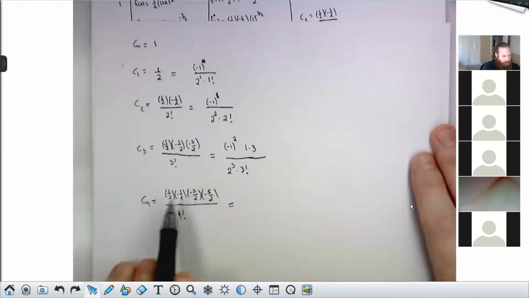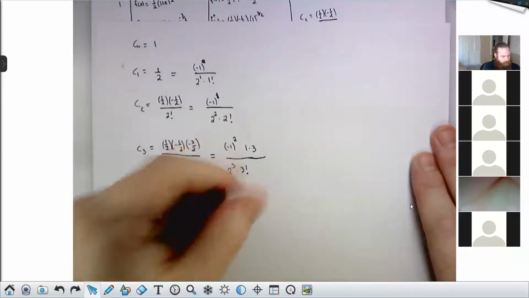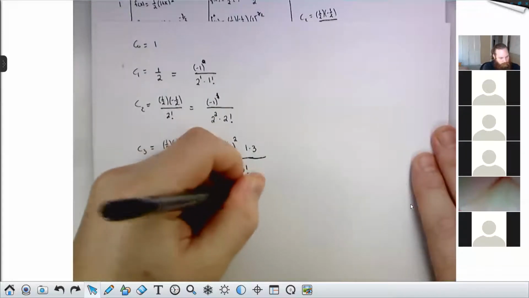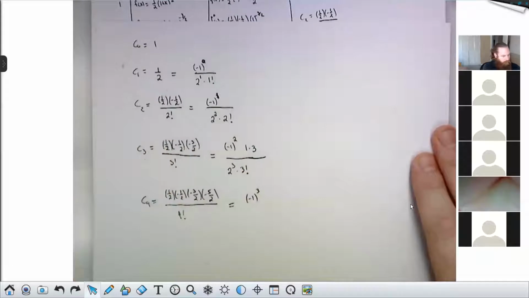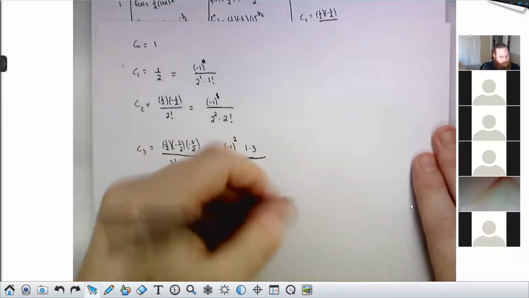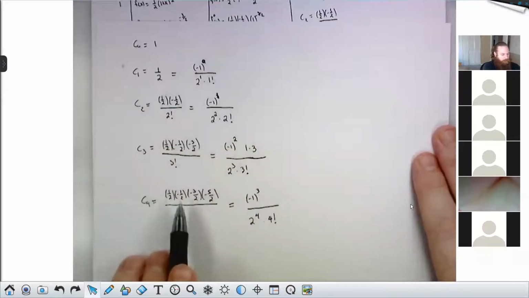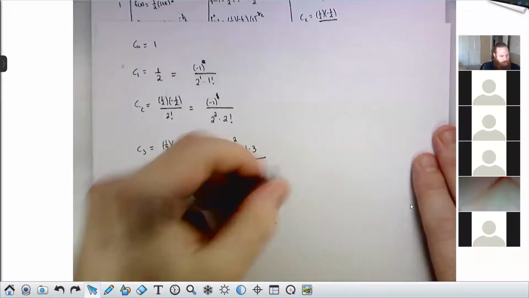Well, I've got how many negatives? 1, 2, 3 negatives, right? So that's negative 1 to the 3. And then how many 2's do I have downstairs here? 1, 2, 3, 4. So downstairs I have 2 to the 4 and a 4 factorial. And then what's left upstairs is this product, 1 times 3 times 5.